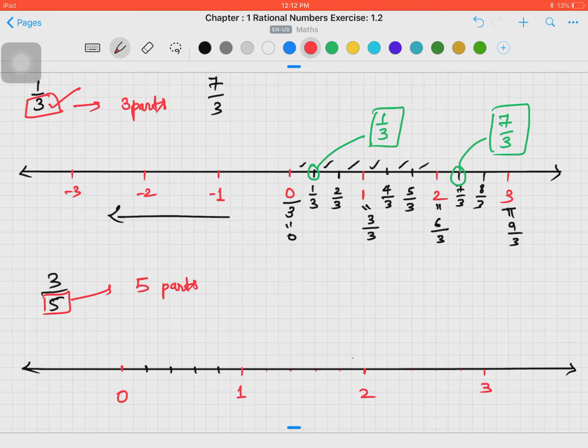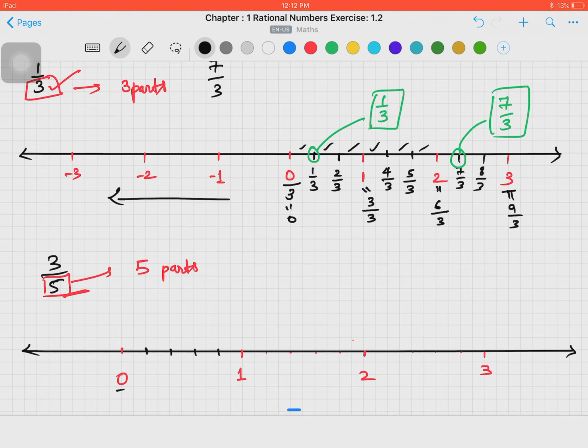As the number in the denominator is 5, we'll divide the region between each number into 5 equal parts. So this will be 0 by 5, 1 by 5, 2 by 5, 3 by 5, 4 by 5, and this 1 is equal to 5 by 5.